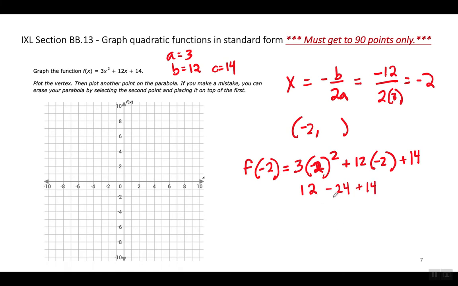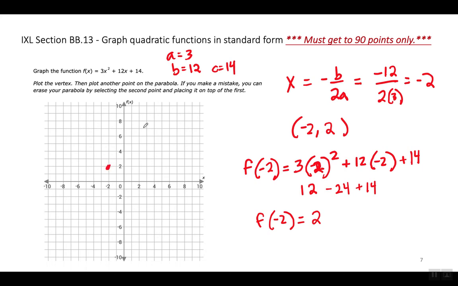Okay, now from left to right, 12 minus 24 is negative 12, and negative 12 plus 14 is positive 2. So when x equals negative 2, y equals positive 2. So that is our vertex, negative 2, positive 2.